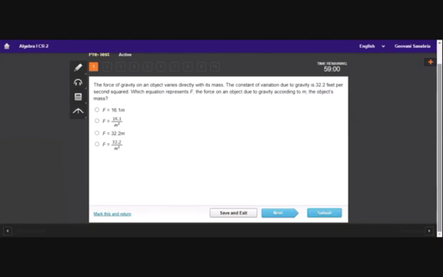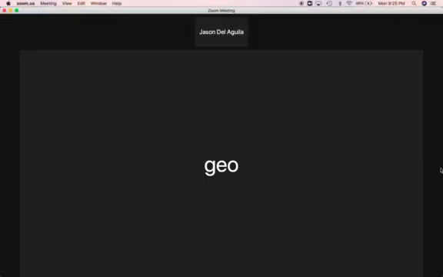So if the force of gravity on an object varies directly with its mass, then the force equals some number times the mass. So when I looked at the answers, the first answer is 16.1 times the mass.